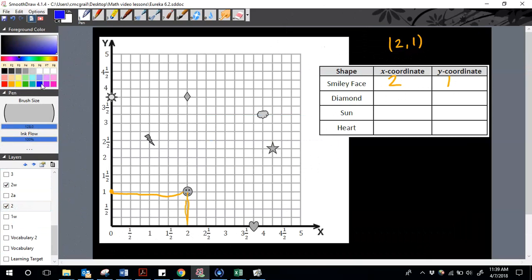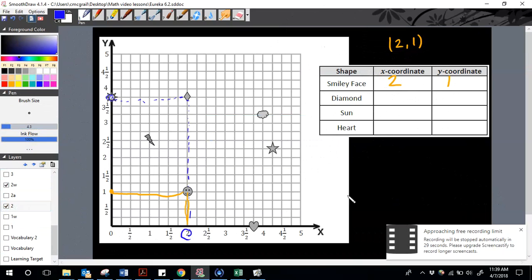Let's work on a few more shapes. Now let's find the diamond. The diamond is here. So step 1, find its x-coordinate. 2. Step 2, find its y-coordinate. Now, I'm running out of numbers here.